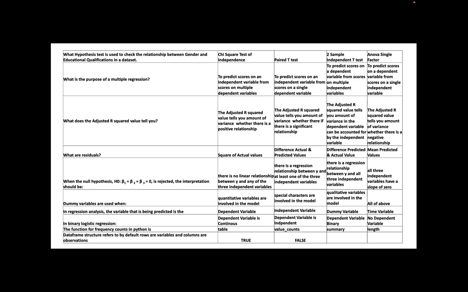Qualitative variables, special characters, we will delete them. We can't have special characters in our data. Dummy variables are used when your data is qualitative. Qualitative means text. Quantitative means numbers. So when you have text in your data, you have to encode them, right? Dummy encoding. In binary logistic regression, the next question.